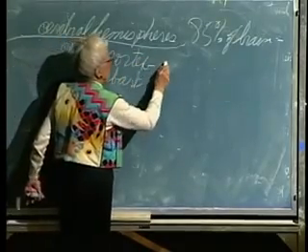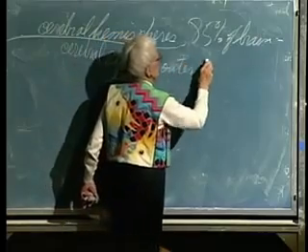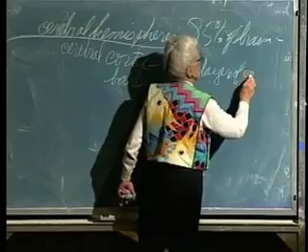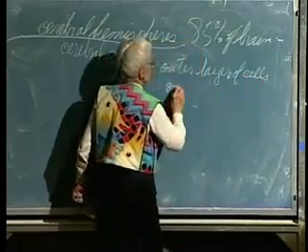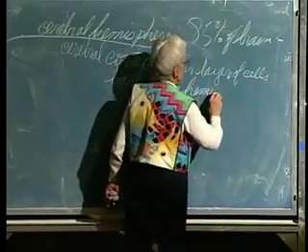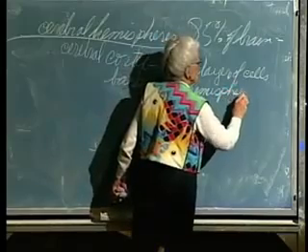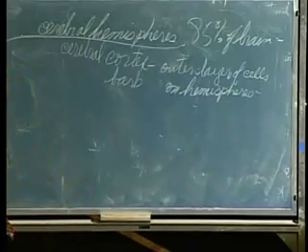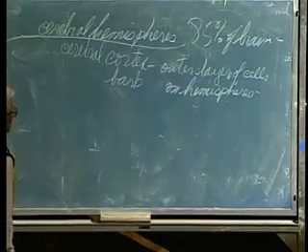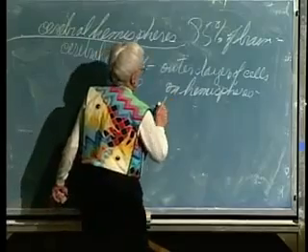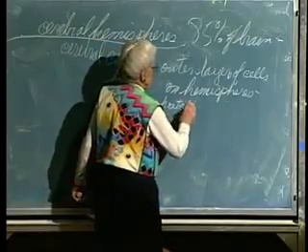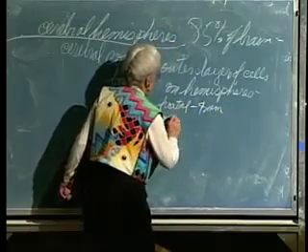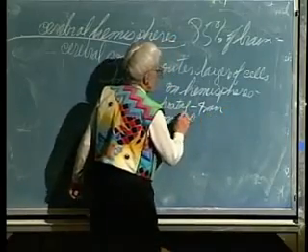So these are the outer layers of cells on the hemispheres. Your occipital cortex is only a millimeter thick. It's very thin. At its thickest, frontal cortex gets up to 4 millimeters. Occipital down to 1.